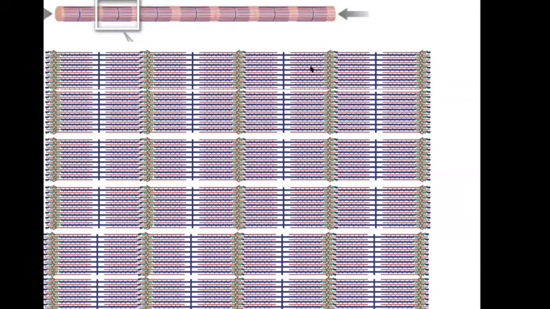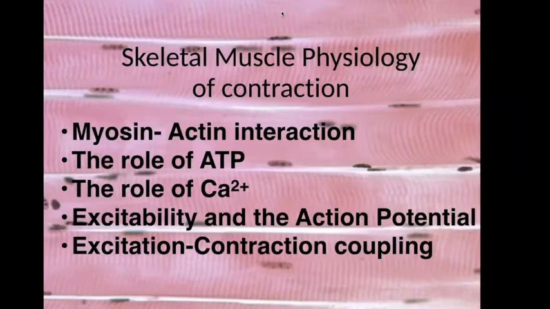They just slide up against each other. No proteins get shorter, with the exception of titin, which isn't really involved in the sliding filament per se, although it does have important functions. But the actin and myosin filaments just change in relationship to each other like a sliding, expandable ladder.